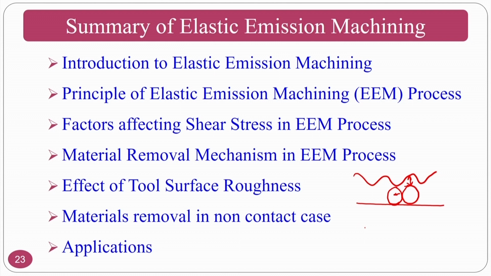If you have a smooth surface like this and a particle size like this, there will not be any interaction. For that purpose, the surface roughness of the tool plays a major role in determining the surface roughness of the workpiece. If your surface roughness is poor, in some places it can scratch the surface. At this particular location, it will scratch the surface, so you may get lines or scratch marks on the surface.